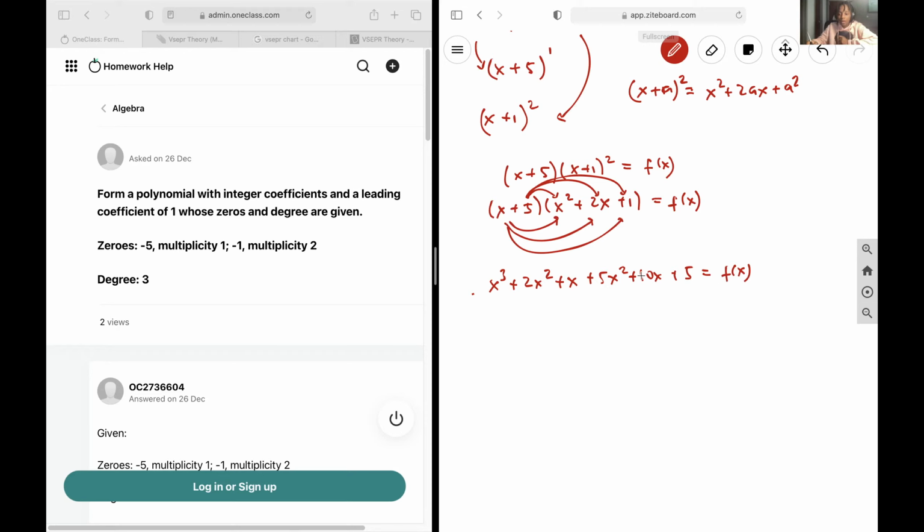And then we just bring our like terms together. So we have x³, 2x² + 5x², that's going to give us 7x². 10x + x is going to give us 11x + 5 is equal to f(x). And that is going to be our final answer.